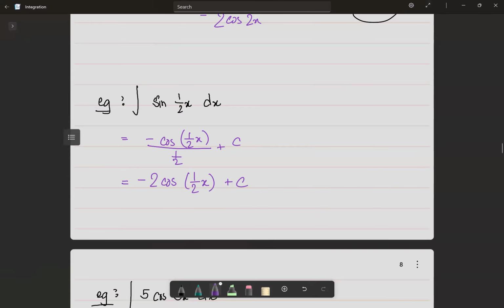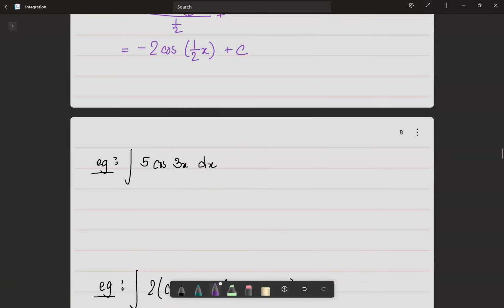Again, we have another example in here, which is 5 cos 3x. We know 5 is the coefficient, so it will play no role. It will stay as it is. Then integration of cos is sine. If you check the power function angle method again, there is no power. For integration, there is no power at all.